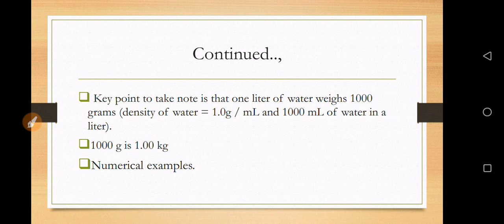And whenever the density is not given, we'll be assuming the density of water, which is 1 gram per milliliter, meaning to say that 1 gram is equivalent to 1 milliliter. We have to take note of that before we move further.